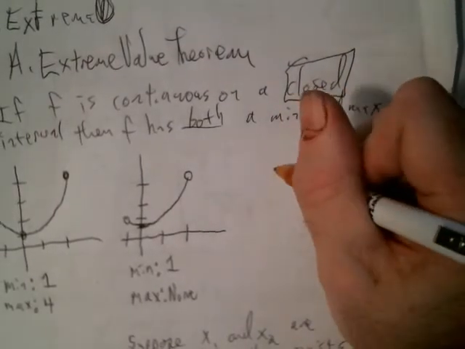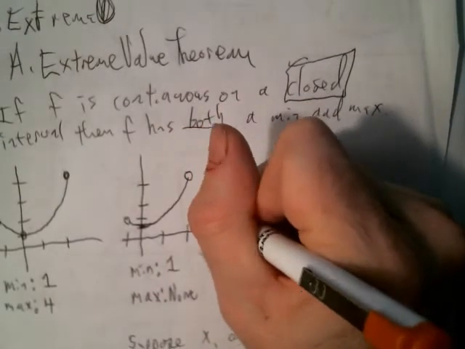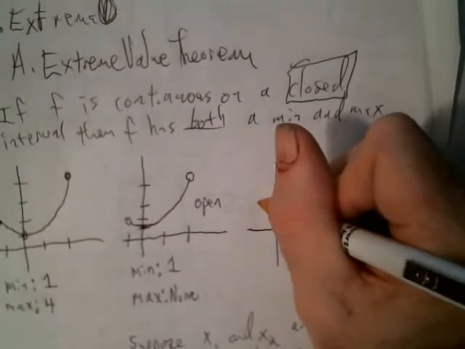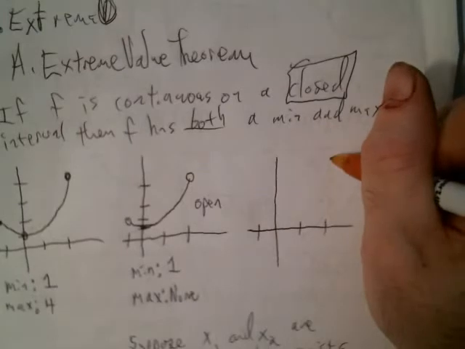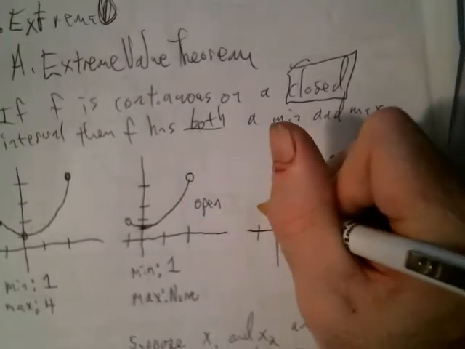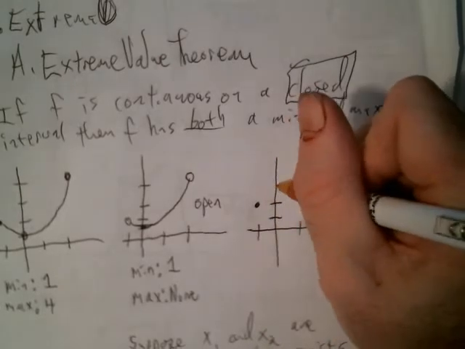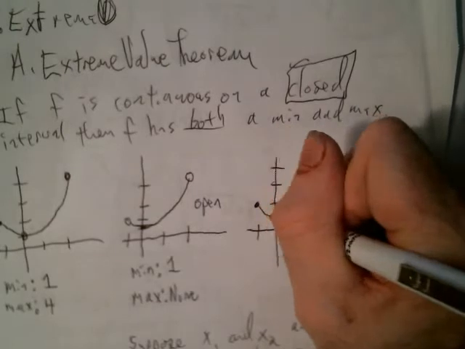Then the continuity issue. So this is more of the issue of openness versus closedness. The continuity issue you see in this other example in the book. So it kind of looks like it's continuous, but right at x equals 0, it's not. Okay, so there's an open dot there.